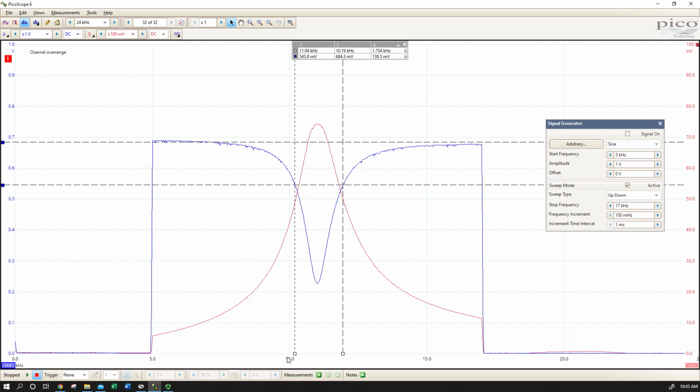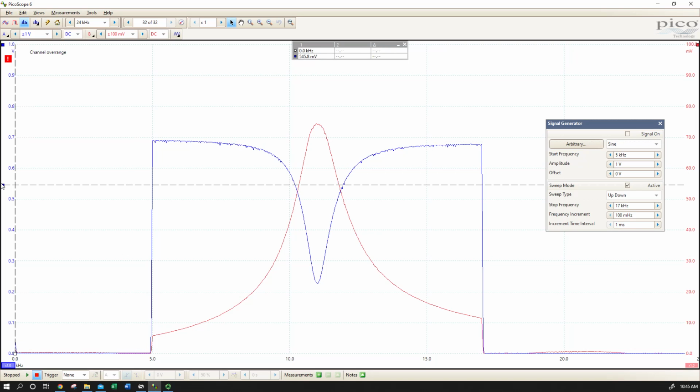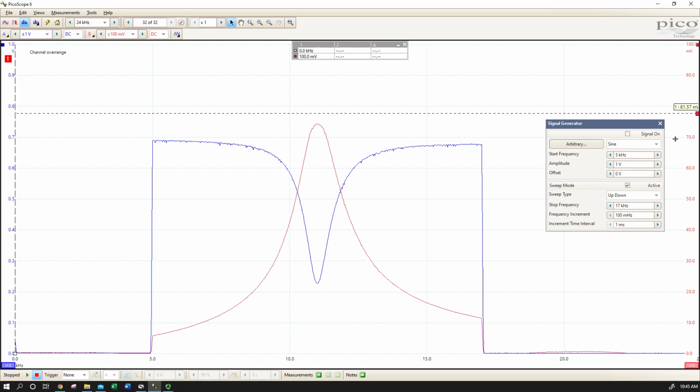And we should be able to do the same thing if we took our red curve, if we wanted to use the voltage drop over the resistor, except in that case we'd be going the other way, looking at what point do we have half the value from the base to the peak.